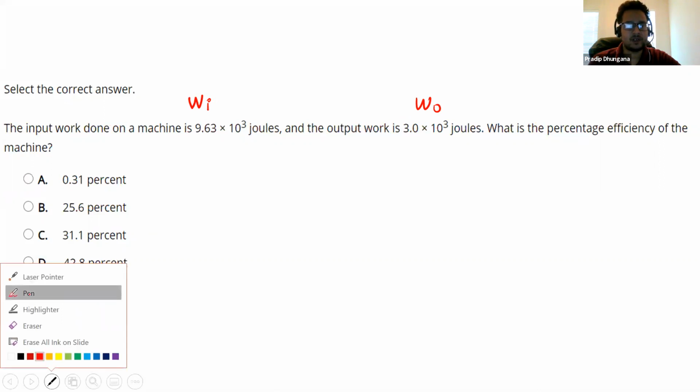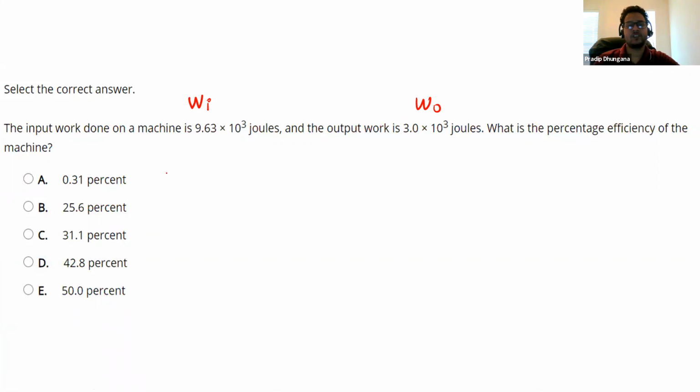So if you remember, efficiency is the ratio of output work over input work. And if you need our calculation in percentage, we have to multiply by 100%. So efficiency, I'll write E. E for efficiency is output work over input work multiplied by 100%.